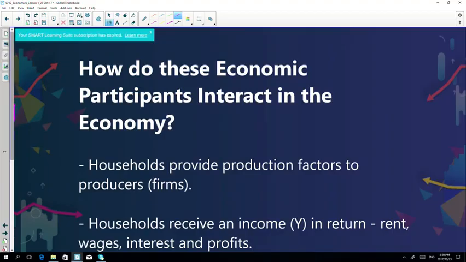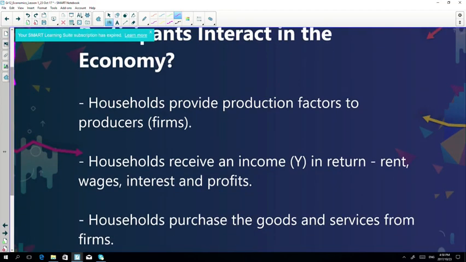It's all good to know what they do or the role that they play in the circular flow, but also you need to be able to give more details in terms of the interaction that actually happens between the different households. So that will be the next focus, the item that we'll be looking at just now.